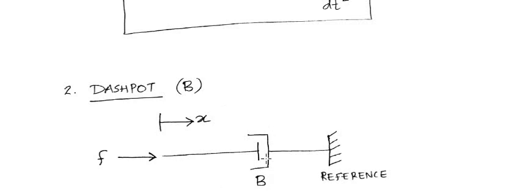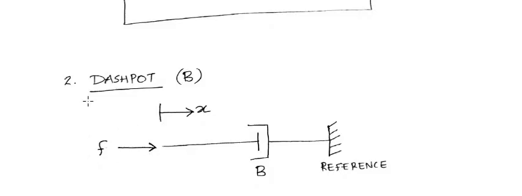So here this is the dashpot we have, and one end of the dashpot is fixed, that is the reference part, it's fixed, and on the other end we are applying a force F. And here also, due to the applied force, this dashpot will tend to move a distance of say x. So that distance is marked over here. So here also let F be the applied force, and due to the applied force, definitely there will be an opposing force also existing over here.